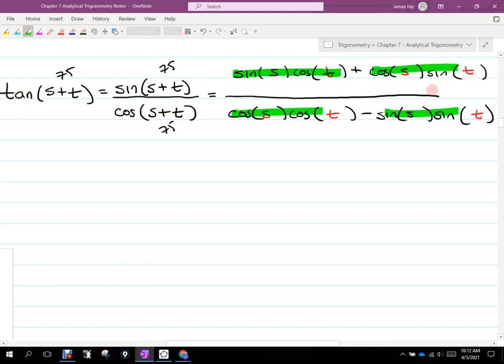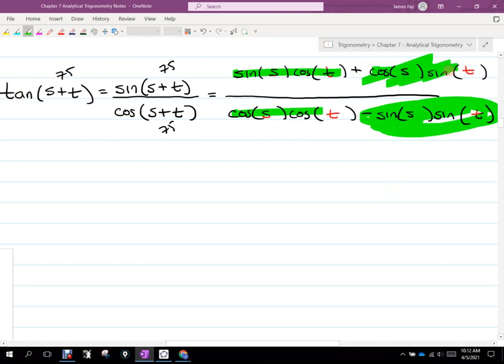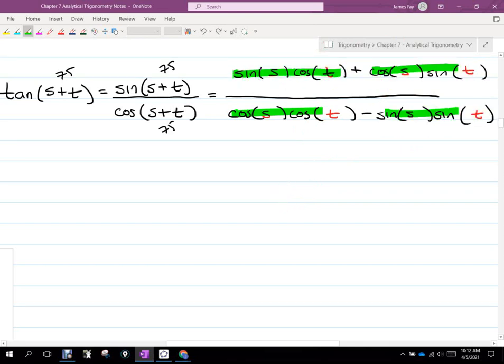Does that make sense? We can divide by this one, or by that one, or by that one. The one that turns out to be the cleanest, most appropriate to divide everything by is this one.